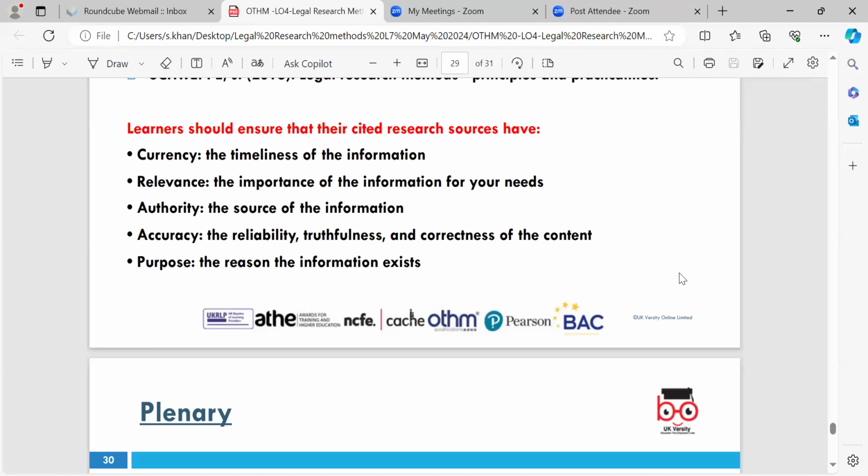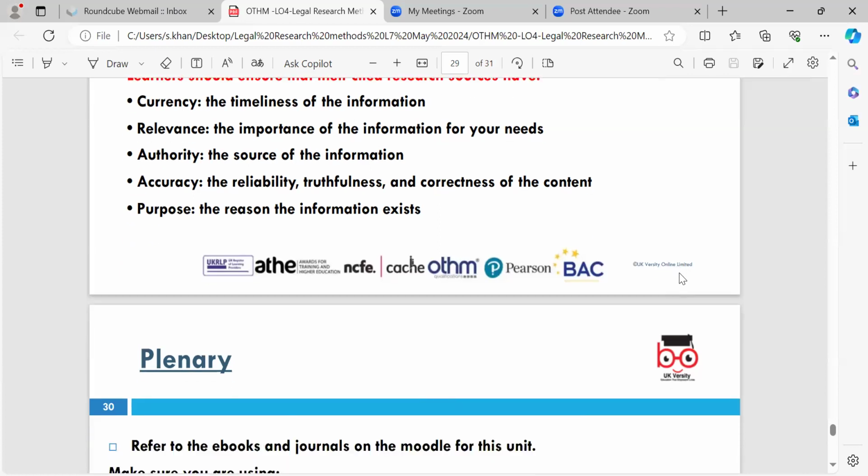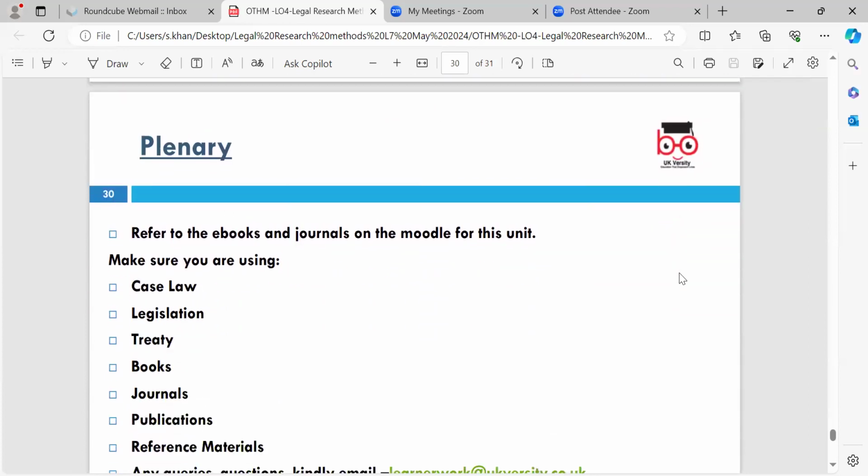So, you as a learner should be ensuring that your research sources have currency, relevance, authority, accuracy, and purpose. It's really important, because you are doing this research to identify certain flaws or gaps in the system.